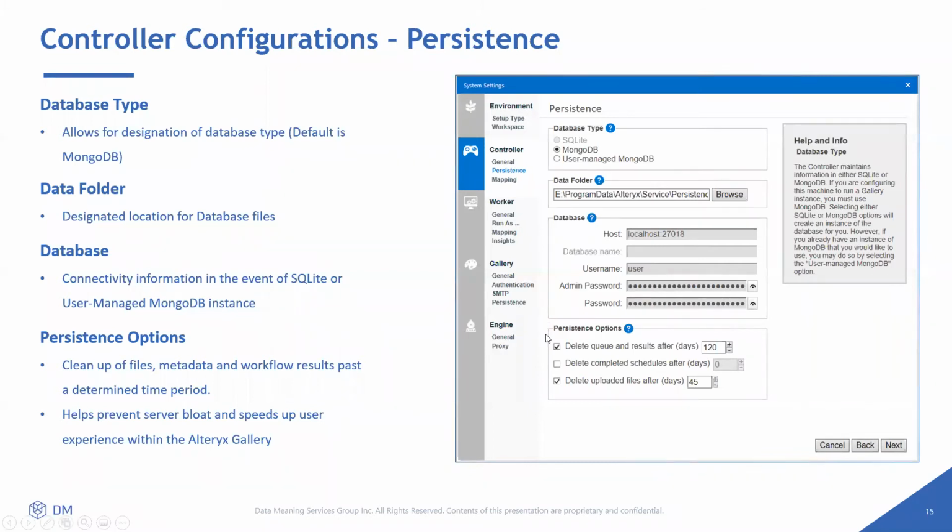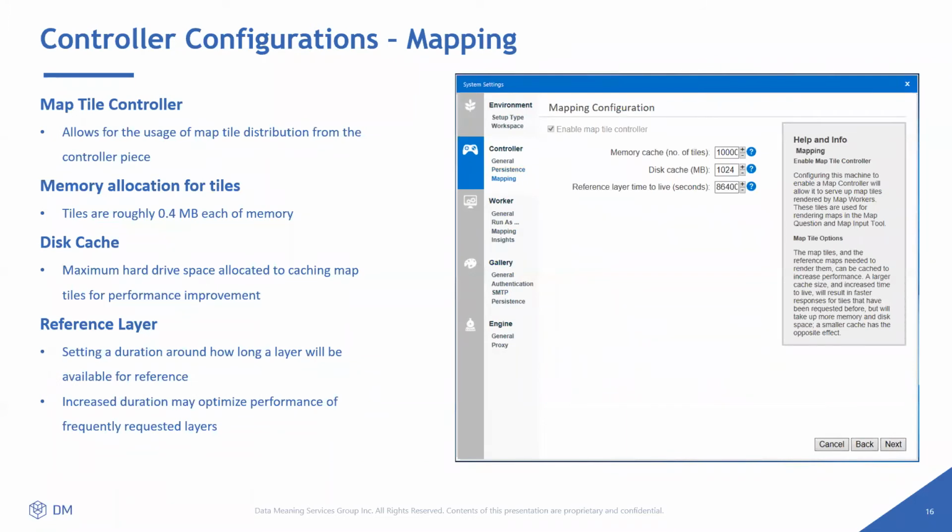So moving along, we're going to jump into mapping. And essentially what mapping does is allow the controller to utilize some of its resources to provide rendered map tiles to people that will be using spatial data or will be using things that are related to that map input tool within the Alteryx platform.